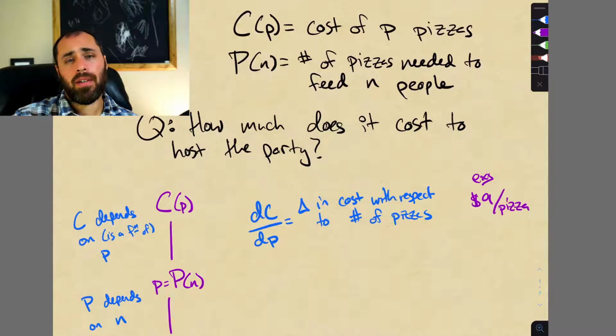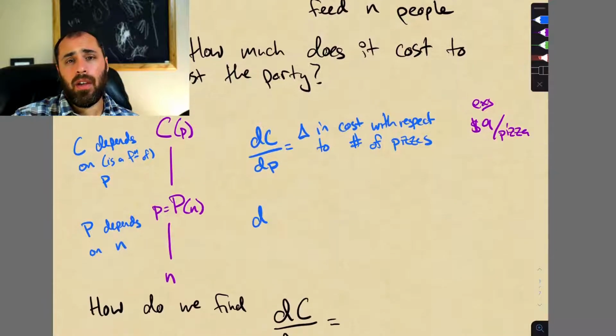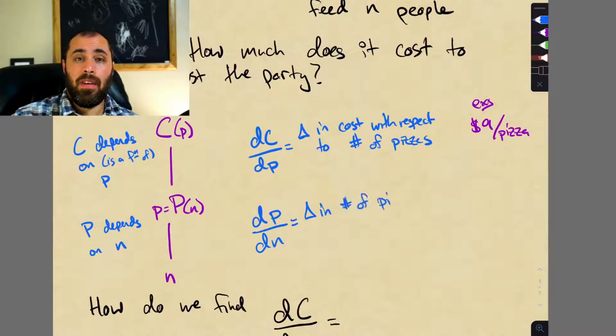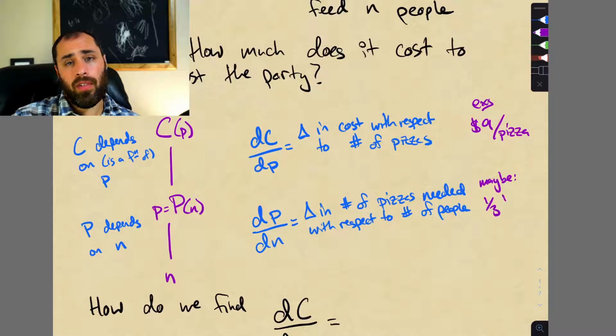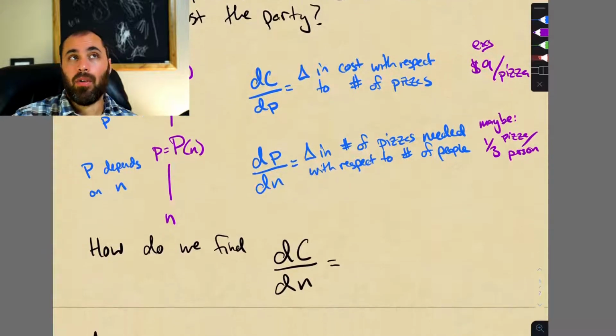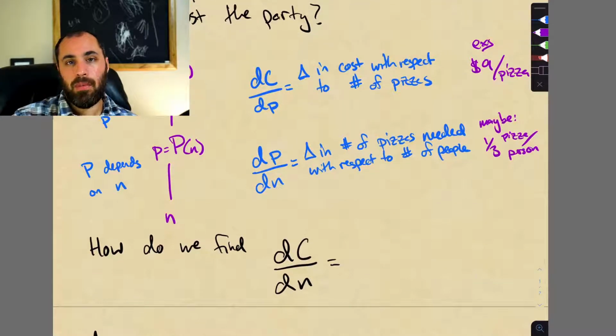We could talk about the rate of change dP/dN, that is how the number of pizzas changes as the number of people changes. Maybe that's 1/3, which is a way to say we need 1/3 of a pizza for each person who comes to our party, or one pizza for every three people.